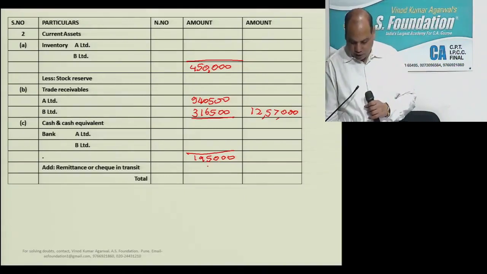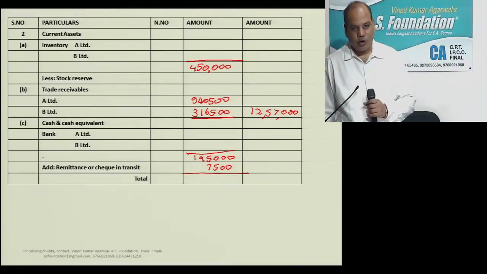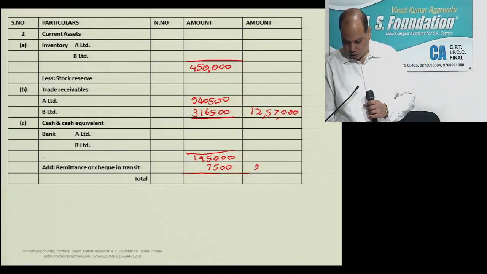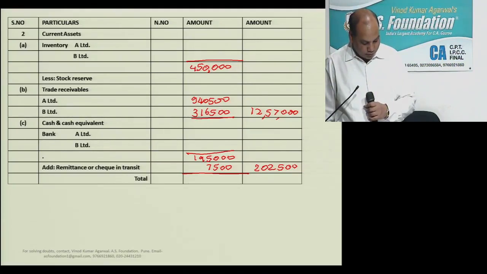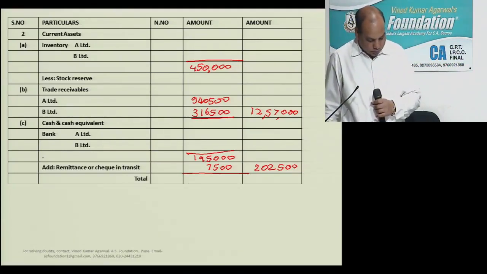So instead of writing A limited, which will be cancelled against B limited, only the net balance 7,500 I will write in remittance in transit. That adjustment is printed also. So what is my total? 2,02,000. You have to add, not less. Is it right?